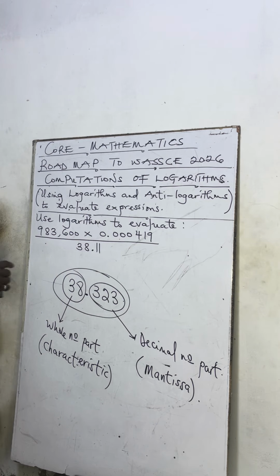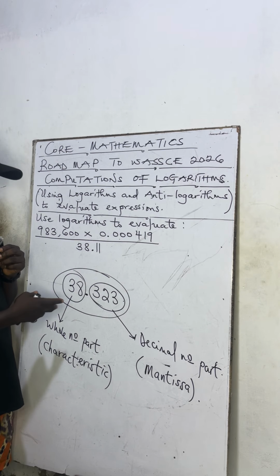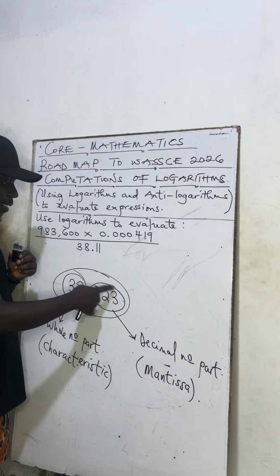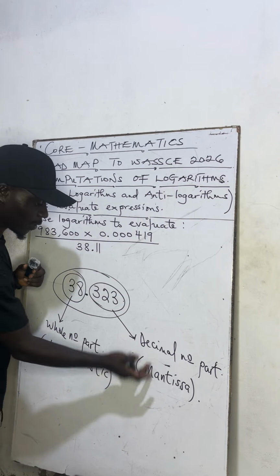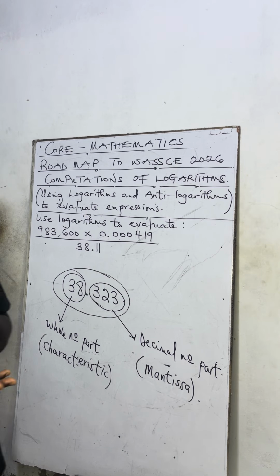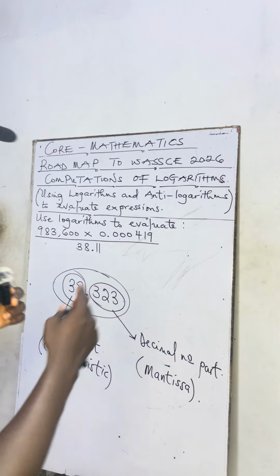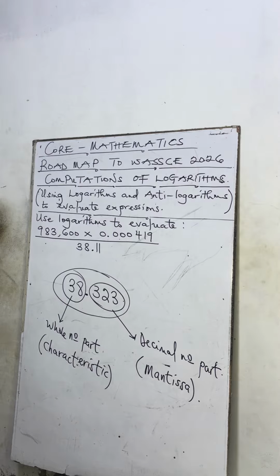Because 38.323 is in logarithm, 38 before the decimal point is the whole number part, and in logarithm we call that the characteristic. And after the decimal point, that's the decimal number part, which in logarithm we call the mantissa. These are the things we'll be seeing throughout our process of calculation. So let's see how best we can solve this question.